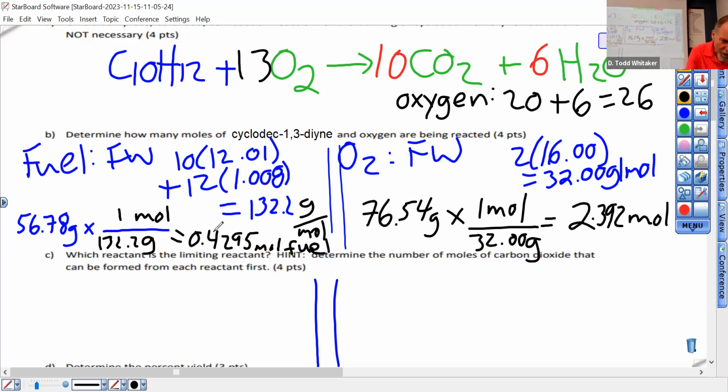Okay, so 0.4295 mole fuel. I'm going to write down C10H12.